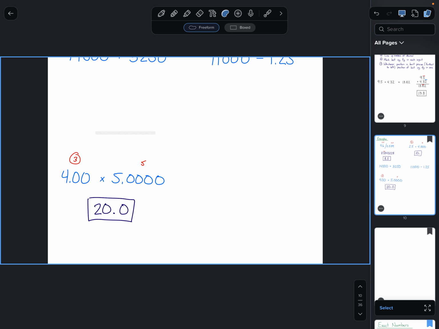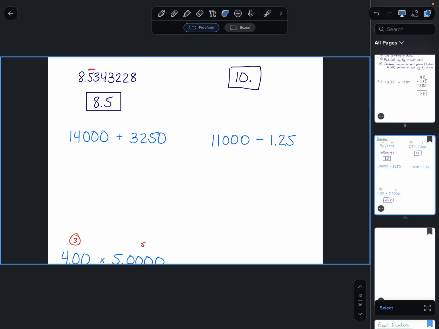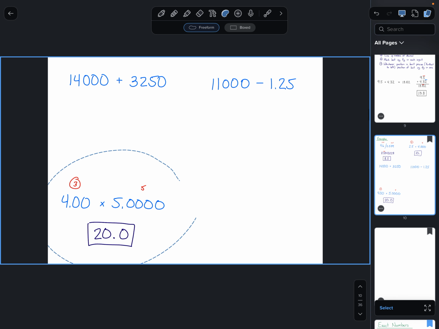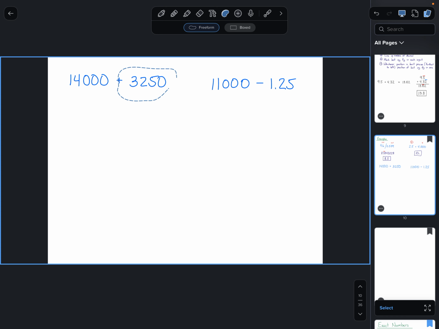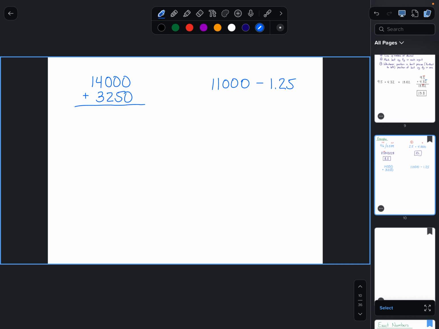Okay. So now let's do this here, this addition. I'm just going to get rid of this. I'm going to go ahead and rearrange so that we've stacked it up. Okay. Punch this into my calculator. I get 17250. All right. Now remember, it's not a counting game anymore.